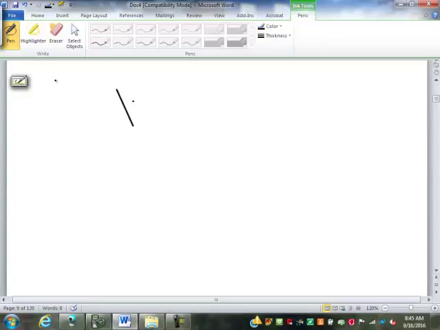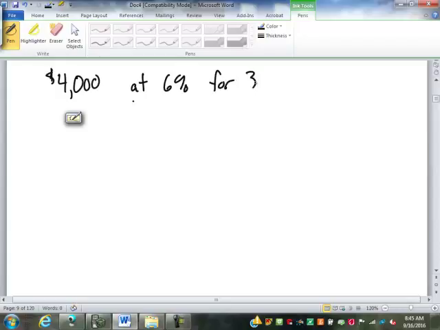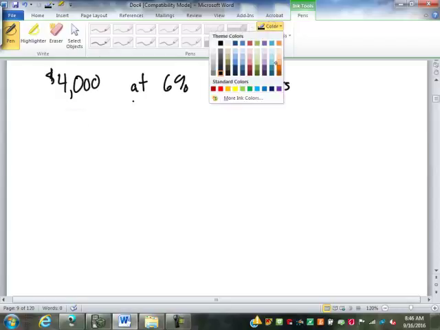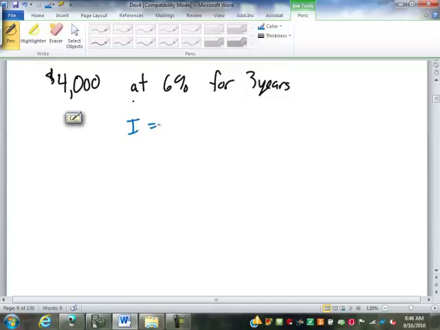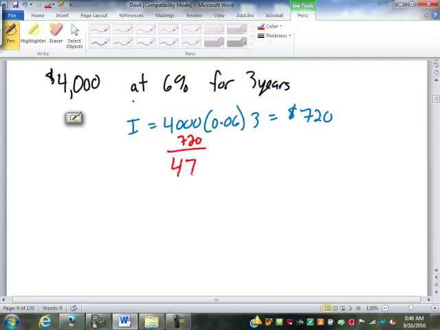So let's go back to our original example where you invest $4,000 at 6% for 3 years. Now you remember we had found the interest like this. We got $720 worth of interest. So 4,000 plus 720 is 4,720.